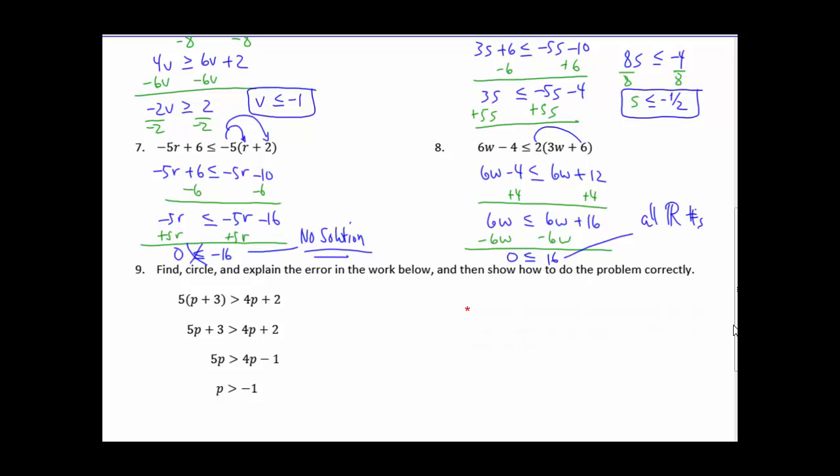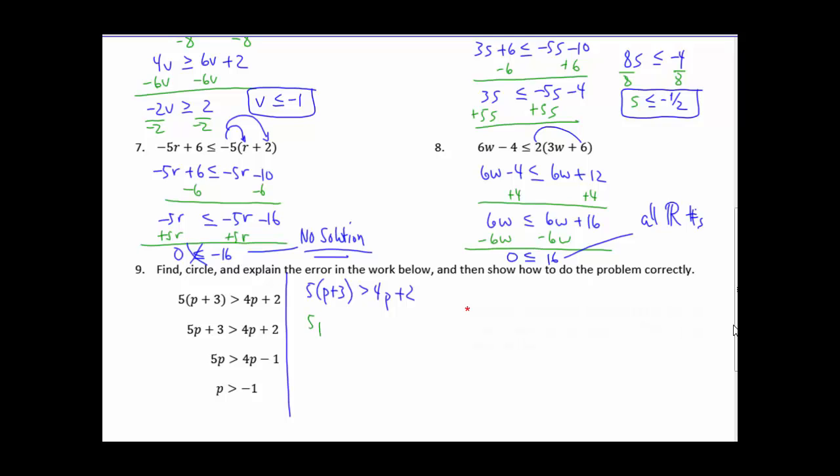Number 9, we need to find, circle, and explain the error in the work below. Then show how to do the problem correctly. Let's step to the side for a second. We have 5 times p plus 3, because sometimes it's hard to find a mistake. So let's just do the problem ourselves from the properties that we know and see if it matches up. So hopefully we distribute.